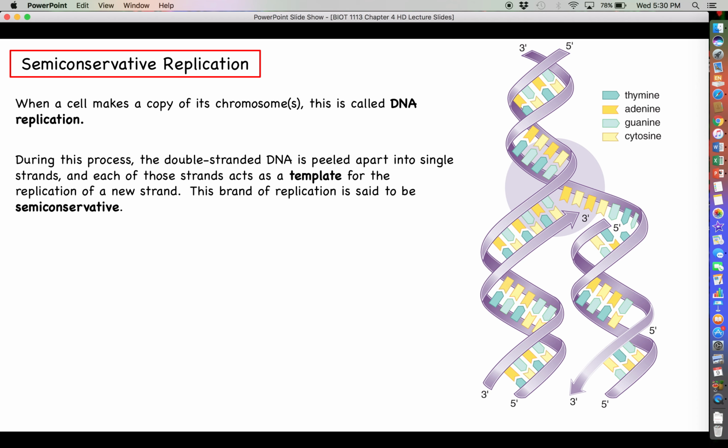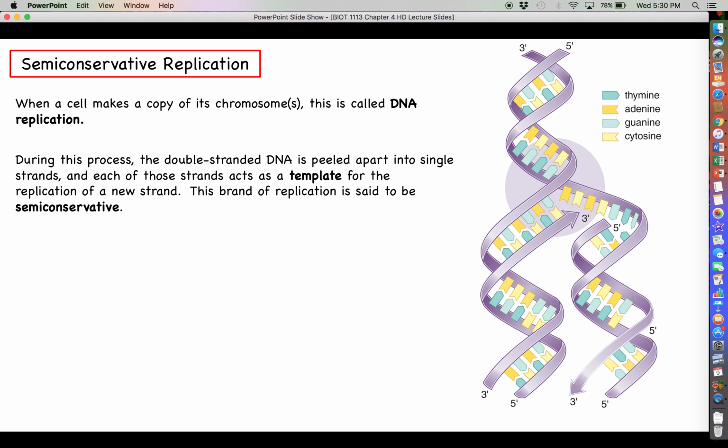A always binds with T, T always binds with A, C with G, G with C. So if we have just a single strand of DNA, we already know what strand is going to be complementary to that. Having just a single strand of template DNA is all you need to dictate what the complementary strand is going to be that you will be synthesizing.